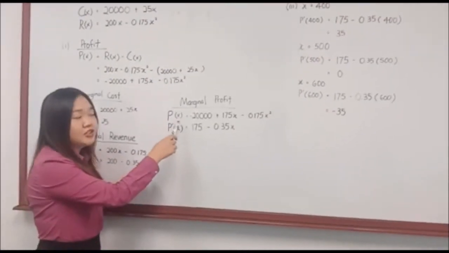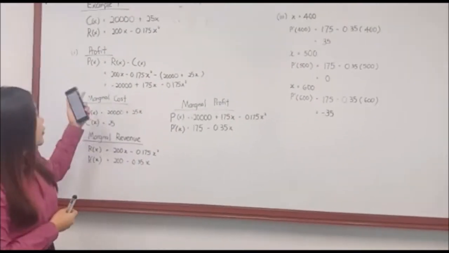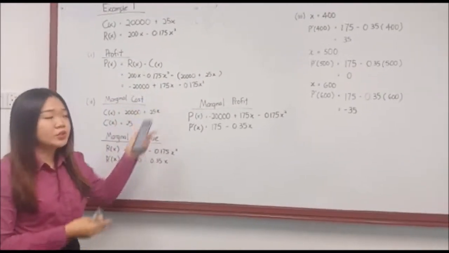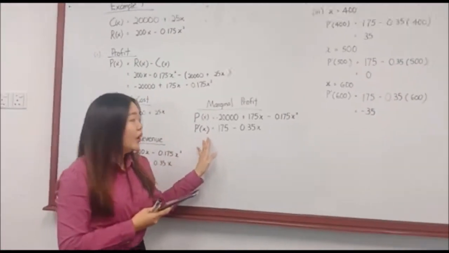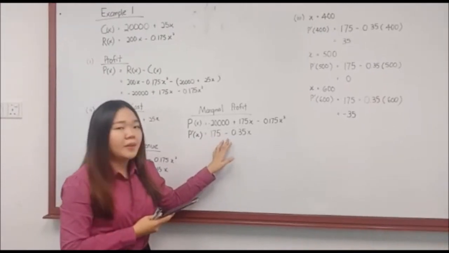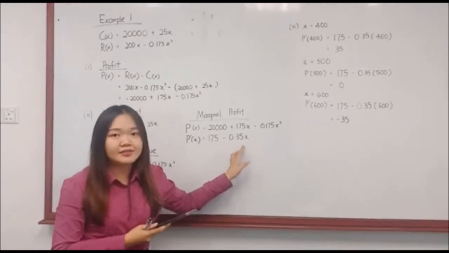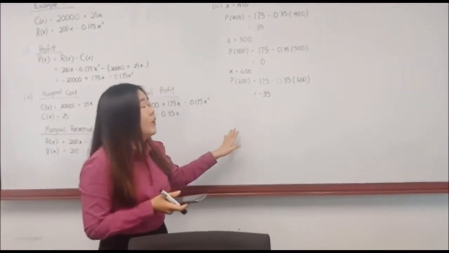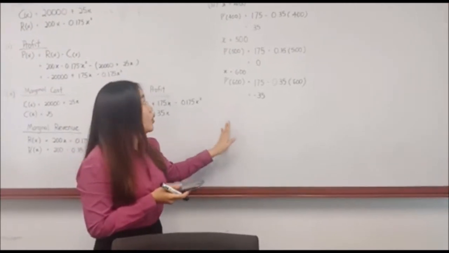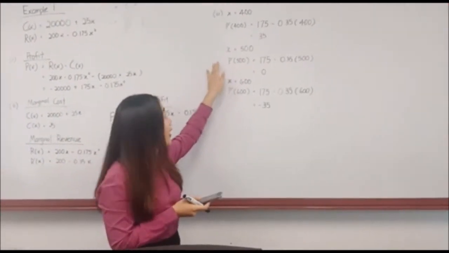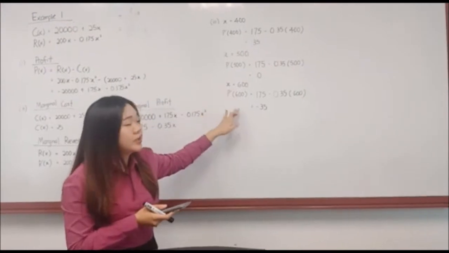To find the marginal profit, we use the profit function that we found in the first question and differentiate it, and we will get 175 minus 0.35x. For question 3, we are required to find the marginal function when x equals 400, 500, and 600.